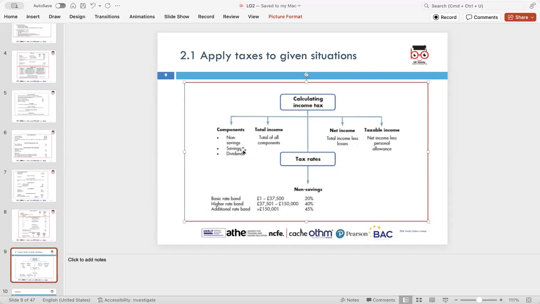When we add up all these components, we get the total income. So this is the sum of income from all sources. Then we calculate the net income by subtracting any allowable losses from the total income.